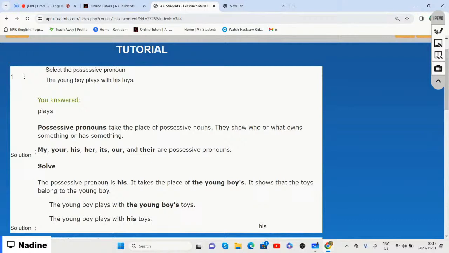Because remember, it shows possession. It belongs to you, belongs to someone else, belongs to whoever. And remember, the pronoun takes the place of the noun, which is whichever specific thing it is replacing.